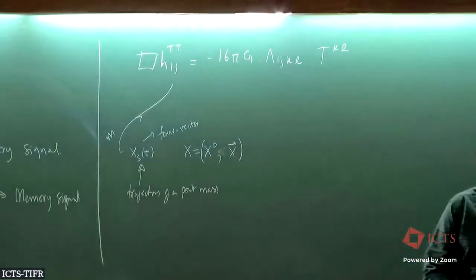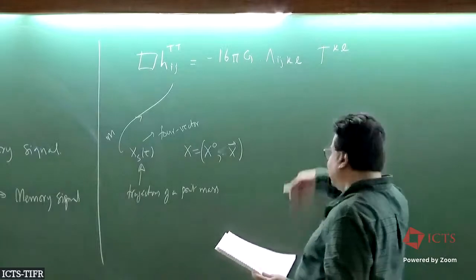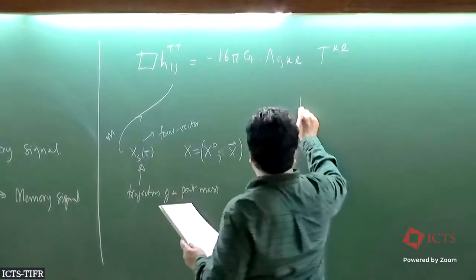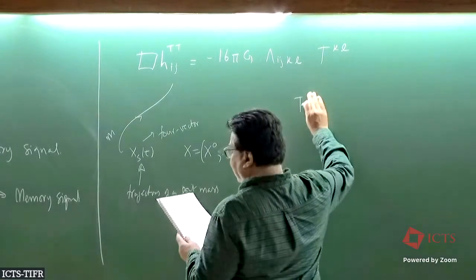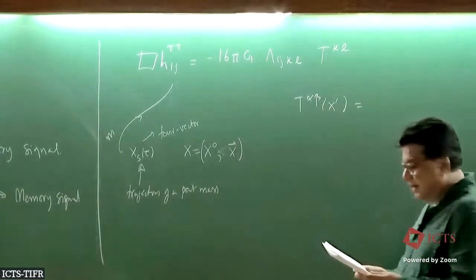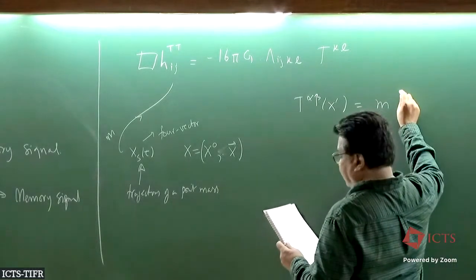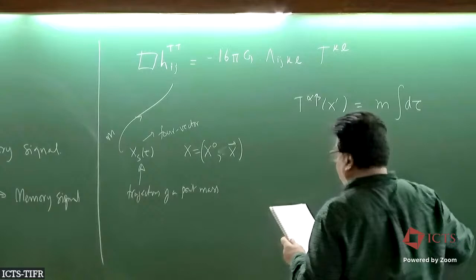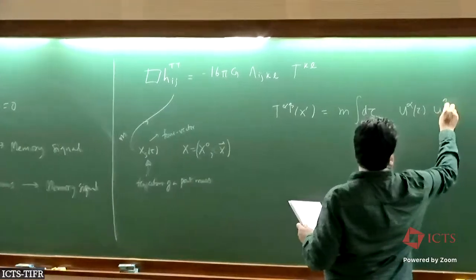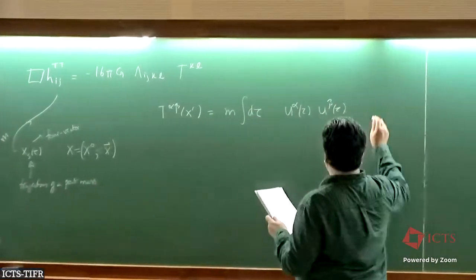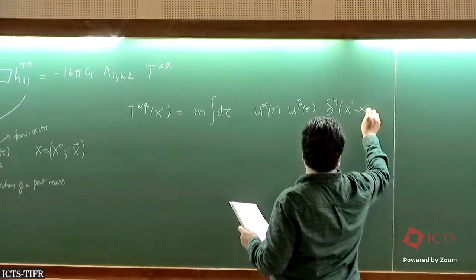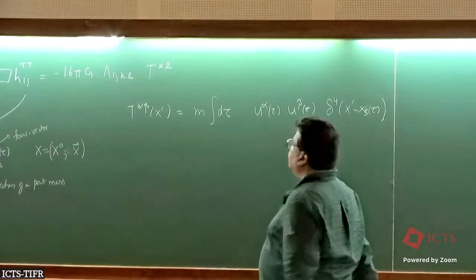Okay. Now, so first we have to find out what is the T mu nu of that. That is T, let me write in general, alpha beta at a general point x prime is m integral d tau u alpha u beta delta. Okay.